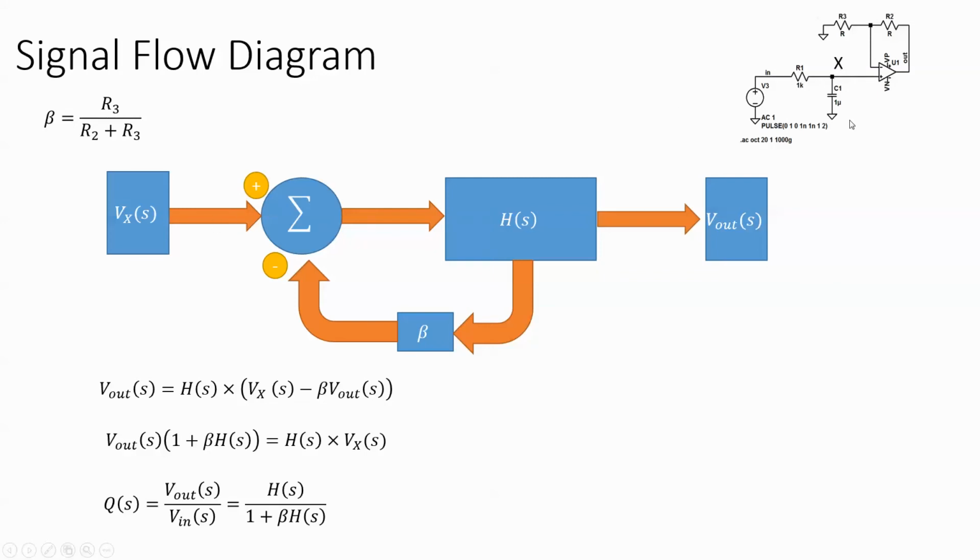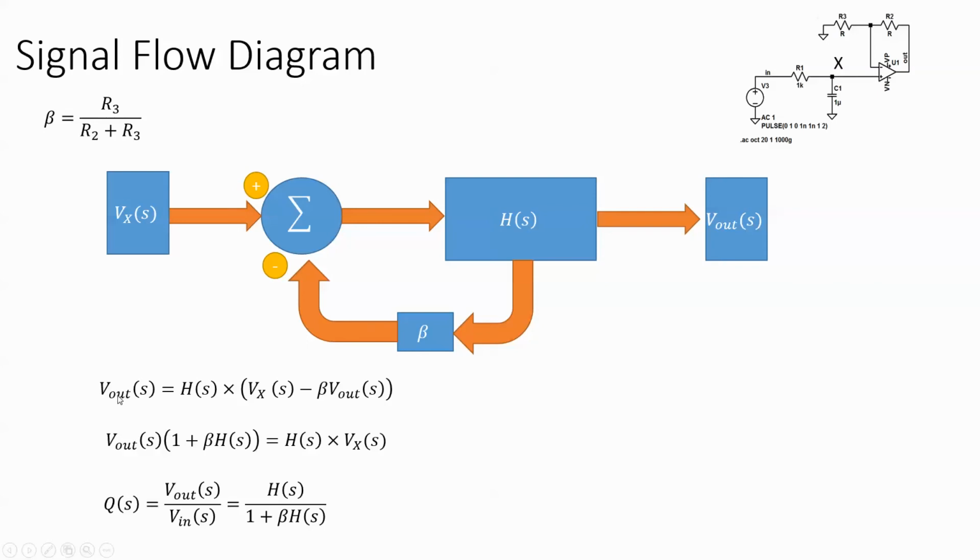This will behave as a low pass filter as long as lumped element models are valid. So we come in, we have our summer, we go through our transfer function to V out, and then we go through the transfer function and get some back in negatively as we go through beta.